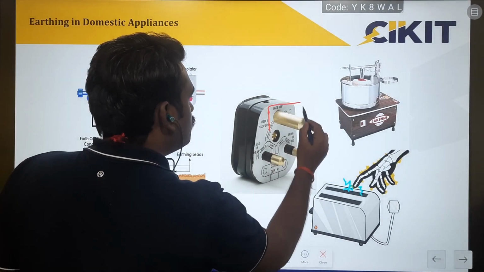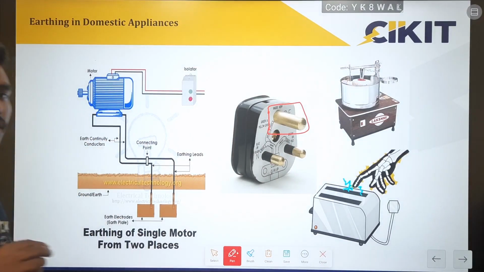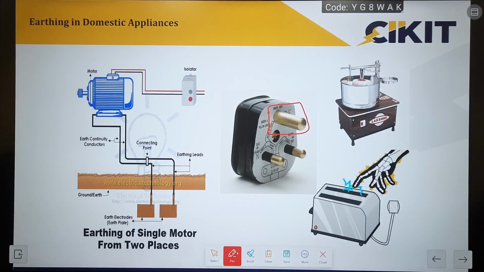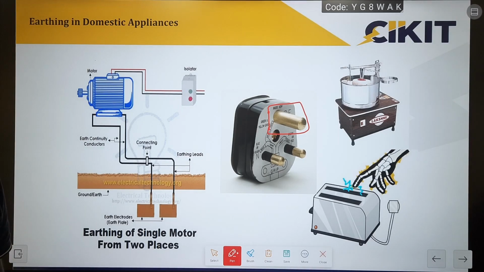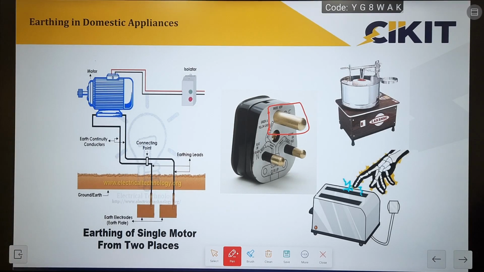If you observe the plug points closely, if any equipment or device is made up of a metallic enclosure, in that particular case only we go for the third pin, that is the earthing pin.